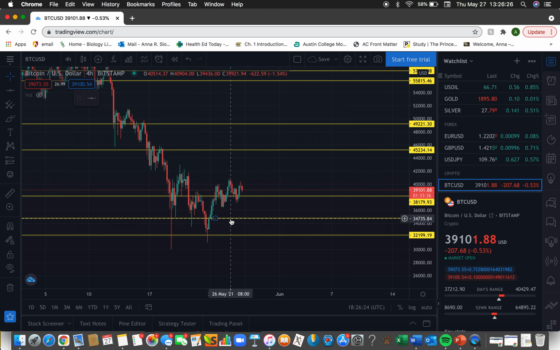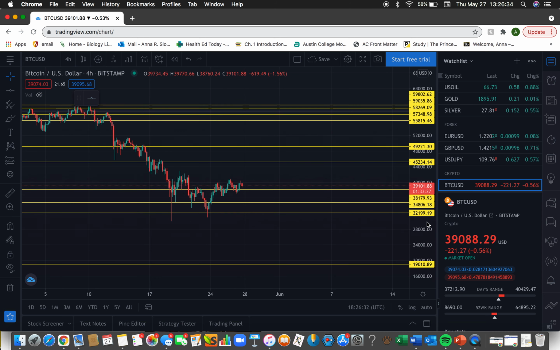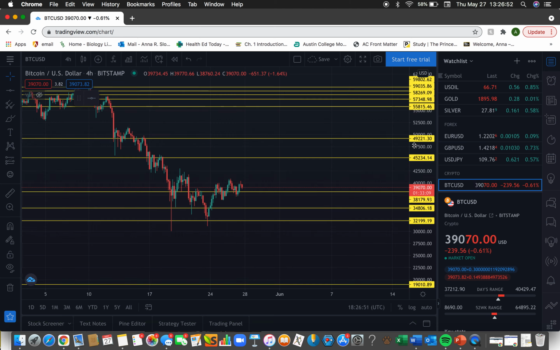I might put in a long with a stop loss, and if it breaks this one, it has to bounce off this one because the next one is down at 20K. That's why people are talking about Bitcoin going down to 20K, because if we break this 32 line, there's no other support between 32 and 20K. That's why people are saying that.